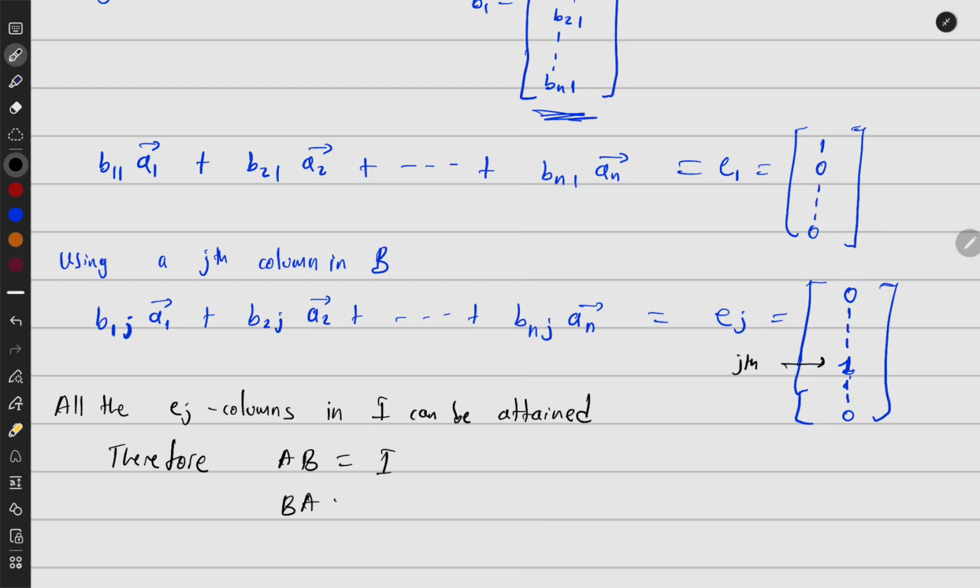Even when you try out for BA equals I, it will still hold.